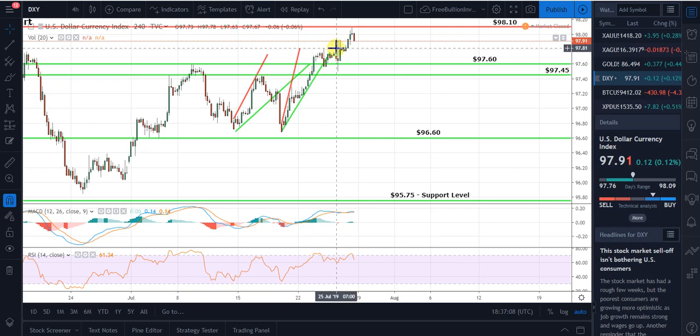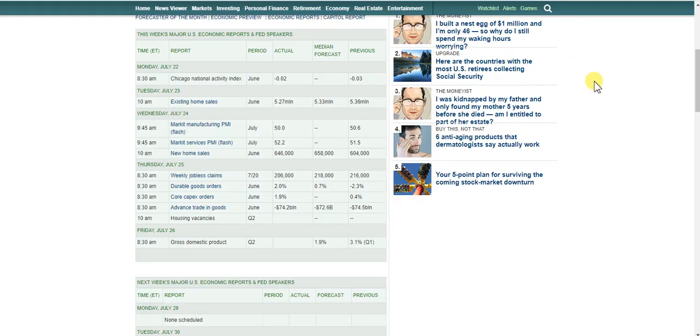The price just continued to rise, and really I put that on fundamentals. We had some good numbers come out last week in the economic indicators.